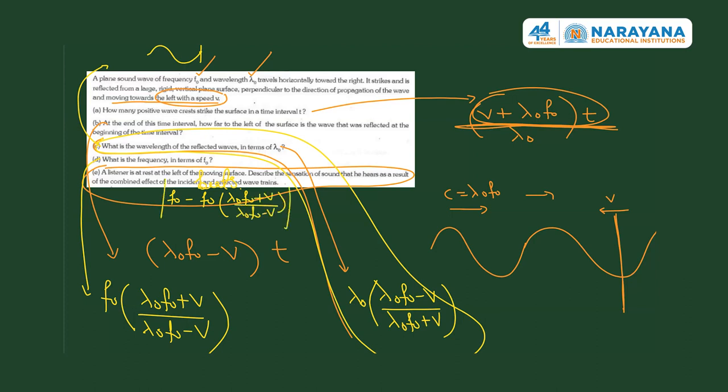Now just think about the apparent wavelength which is being received, reflected. Try to explain this term to me, and write it as lambda naught into c minus v upon c plus v.